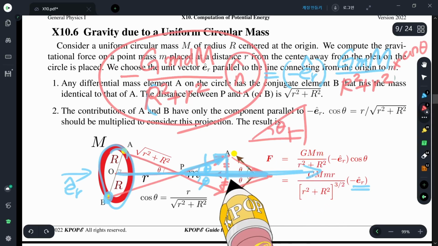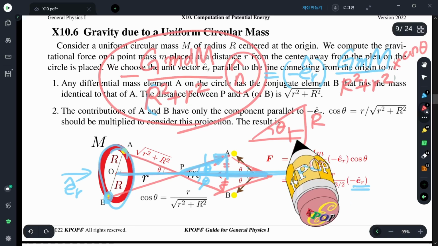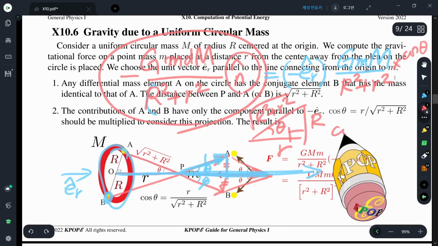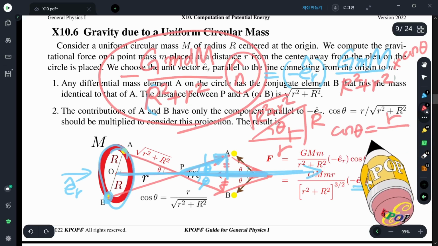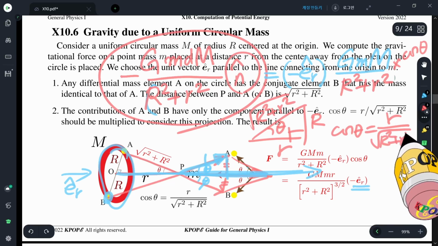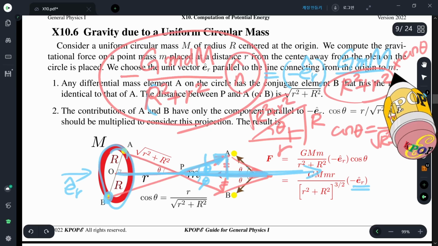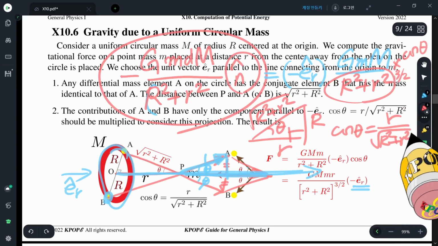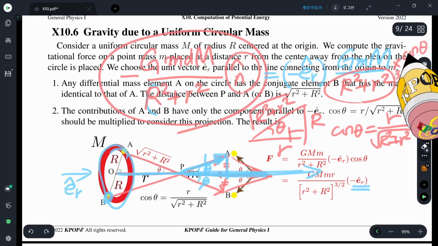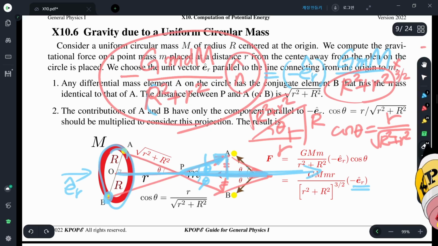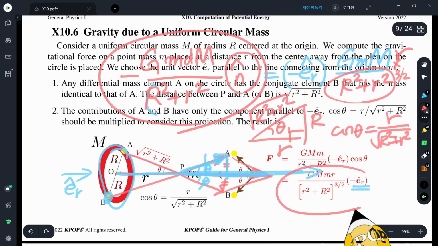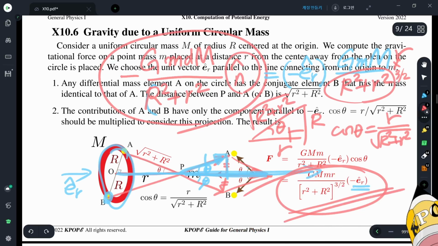This is theta, and we have R and small r squared plus capital R squared. So cosine theta is r over the square root of R squared plus r squared. So this power becomes 3/2. And cosine, in that case, is replaced with r. That's it. As we expected, the result is like that.